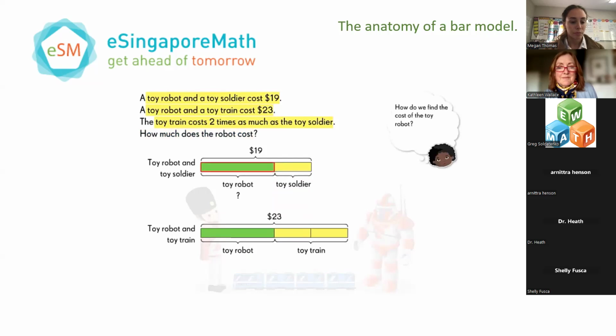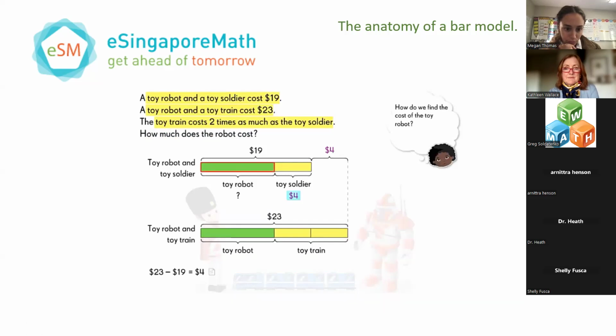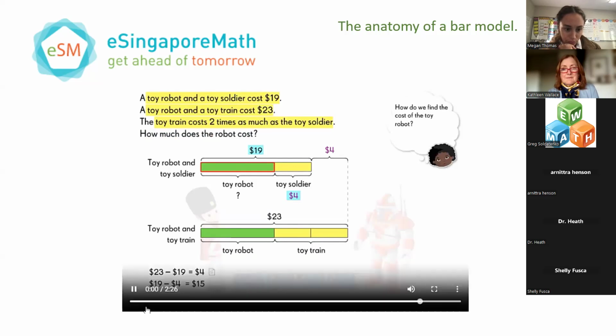To find the cost of the toy robot, we subtract this from this. We get $4. This means that a toy soldier costs $4. To find the cost of the toy robot, we subtract this from this. We get $15.